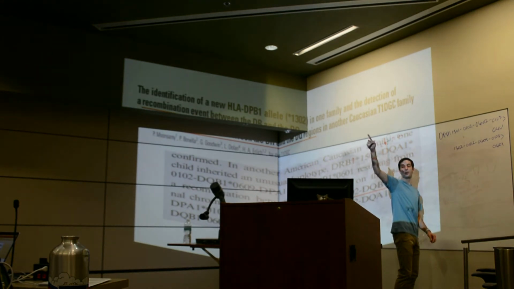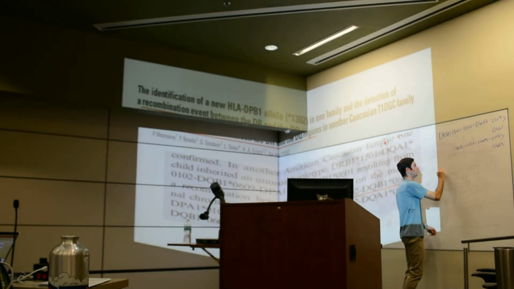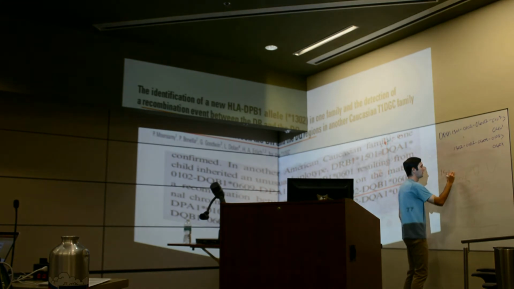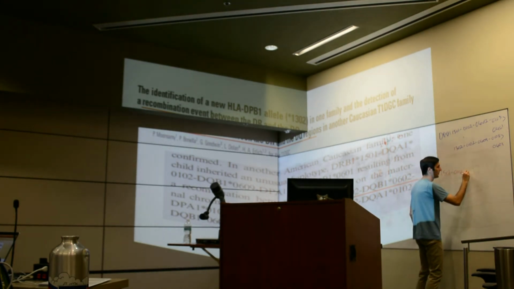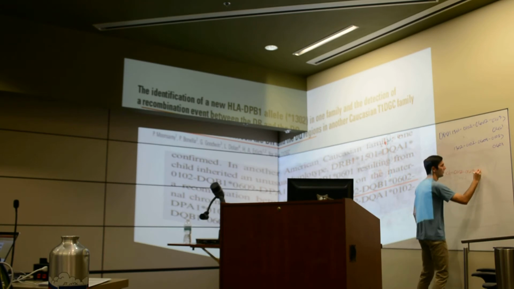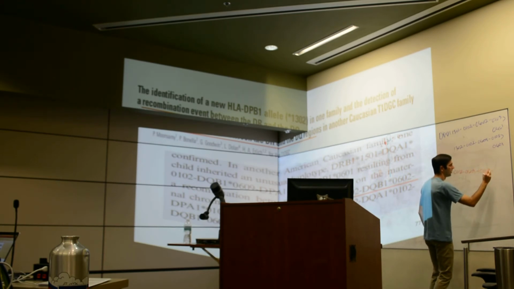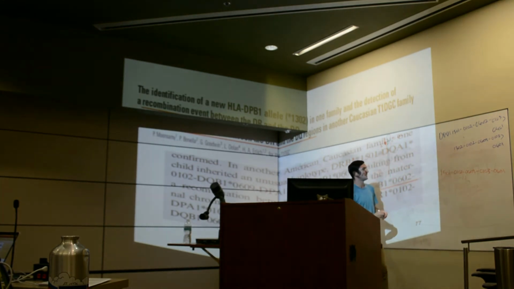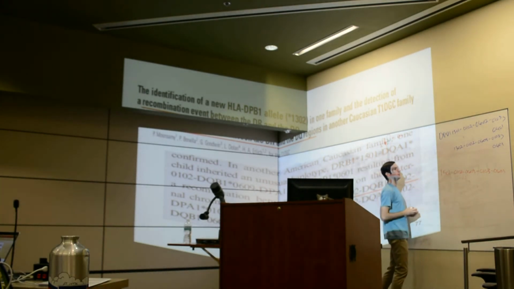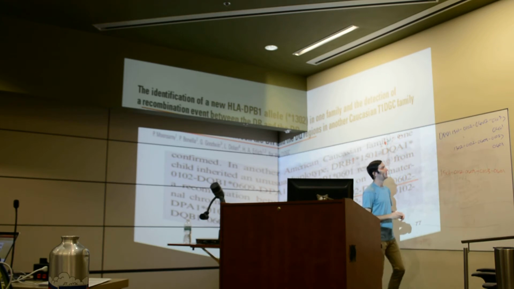The first one, the DRB one, so the 1501, 0102, 0609, 0103, 0601. Okay, cool.